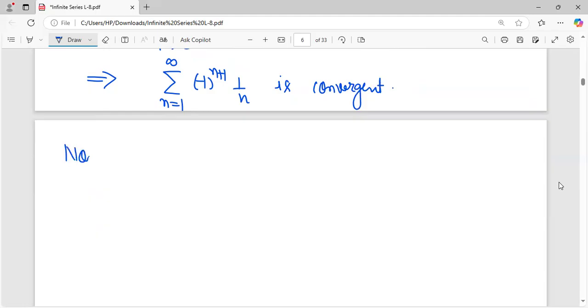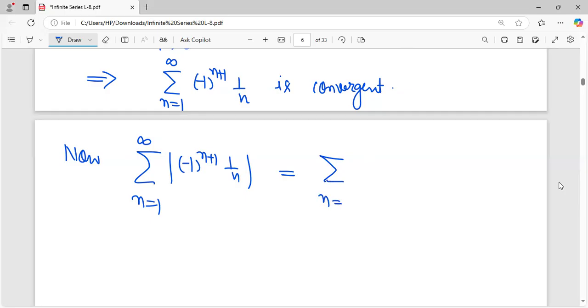Now, what is the absolute value series of this? It is summation 1 upon n. But this is a divergent series, because in the auxiliary series, if the value of p is less than or equal to 1, you can take p equal to 1, the series is divergent.